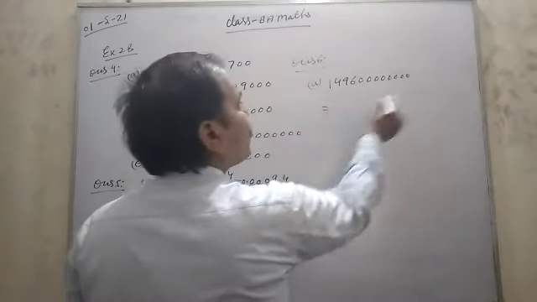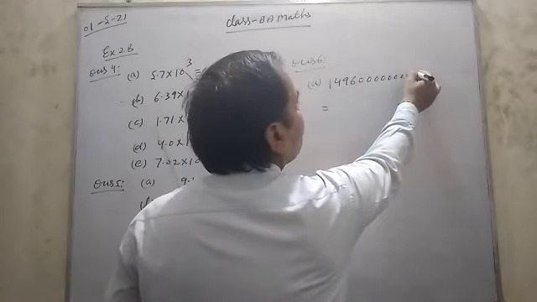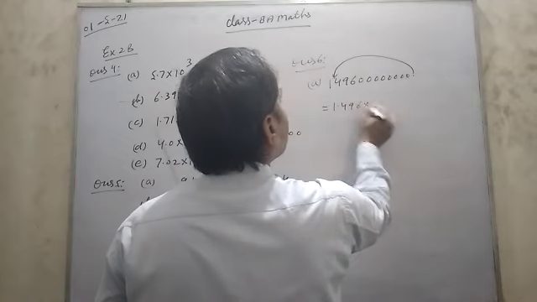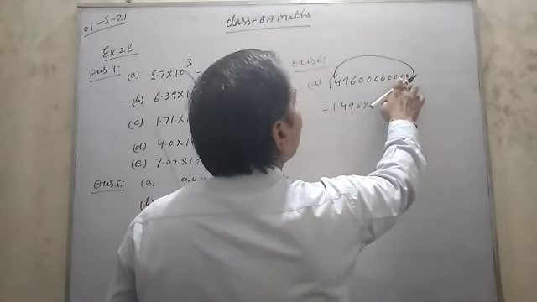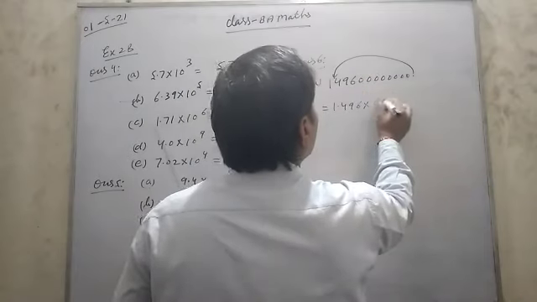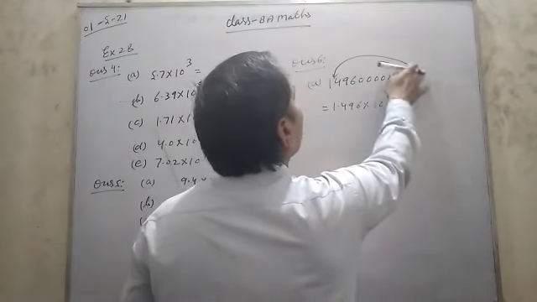So here the point is not given, so it is here. So this will shift here, meaning 1.496 into how many digits? 1, 2, 3, 4, 5, 6, 7, 8, 9, 10, 11. So 10 to the power 11. Okay.